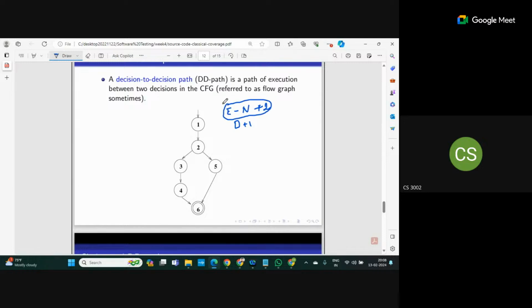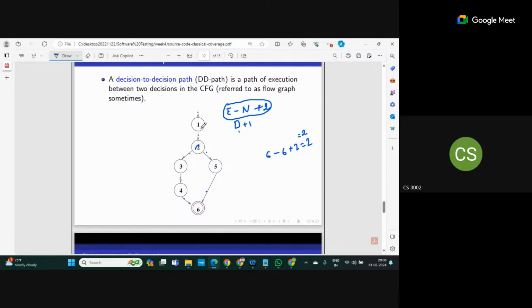The number of nodes over here is 6, and if you look at the edges, 1 2 3 4 5 6, right? So it's 6 minus 6 plus 2, so it's 2. Even if you go by the other formula, the number of decisions happening here is 1, 1 plus 1 is 2. Now the cyclomatic complexity says the number of independent paths I can have.